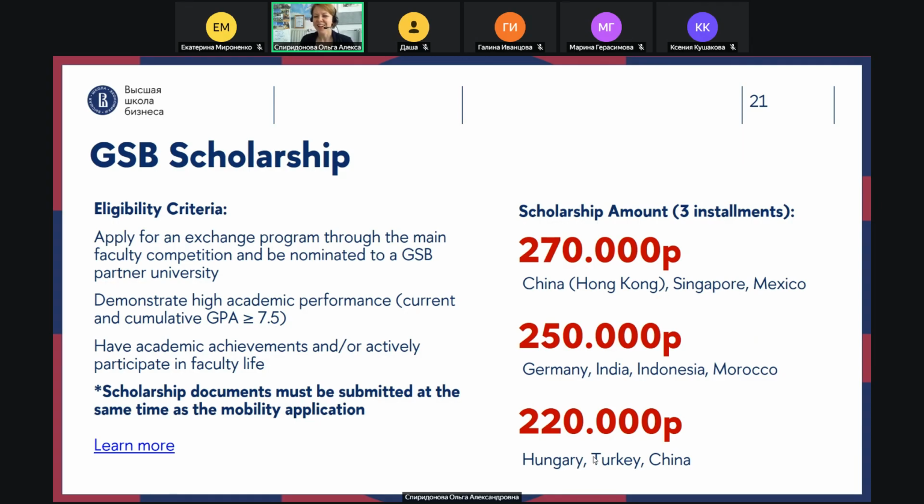It is paid in 3 installments. Of course, you can't live on that for the whole semester, but I think it's a good help to cover some of your expenses.